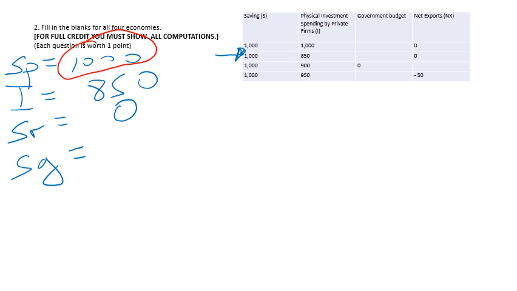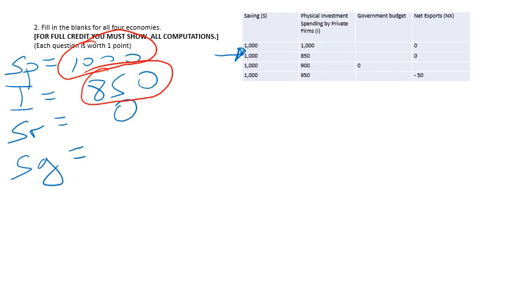So what amount of money is withdrawn by firms? 850. Foreigners don't get into any withdrawals or injections. So how much is left over for the government? Well, 150, which they need because they have a government budget deficit.